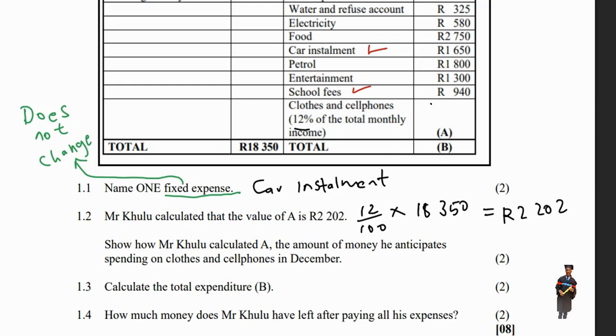Some learners write this calculation like this, which is also correct. When they are given the percentage and they want to calculate the percentage of some amount, they say 12% multiplied by 18,350, divided by 100. Okay, this is also correct. This is not wrong.